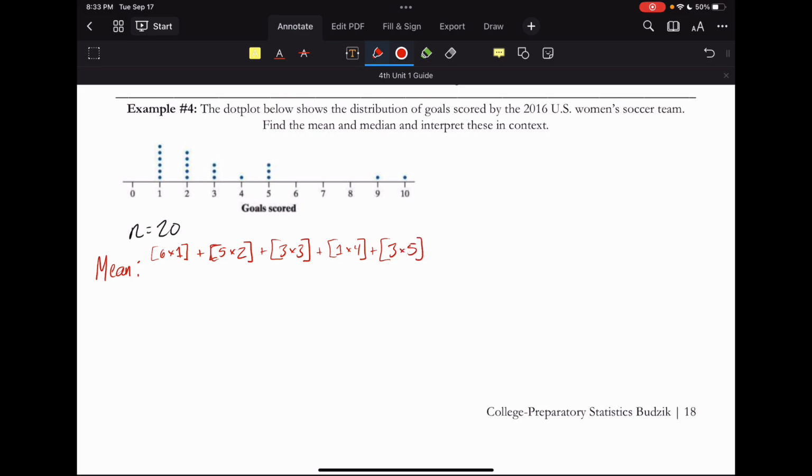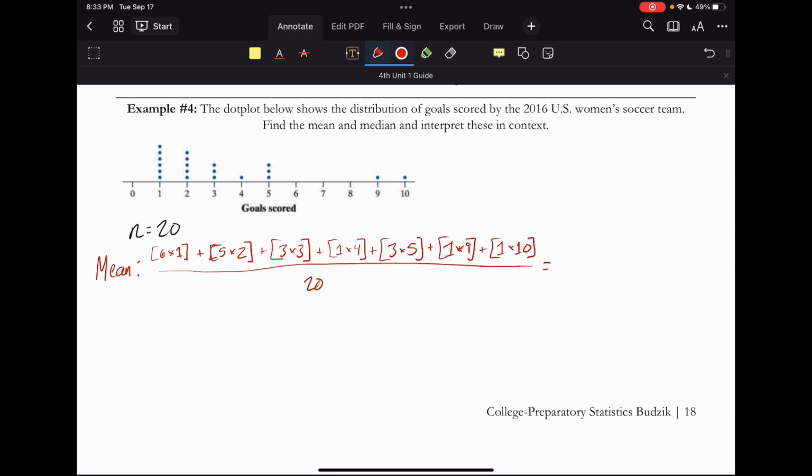And then 1 game with 9 goals, 1 game with 10 goals. It's going to be plus 1 times 9. Plus then 1 times 10. And we can then go ahead and divide all of that by, again, the number of data points that I have, which is 20.